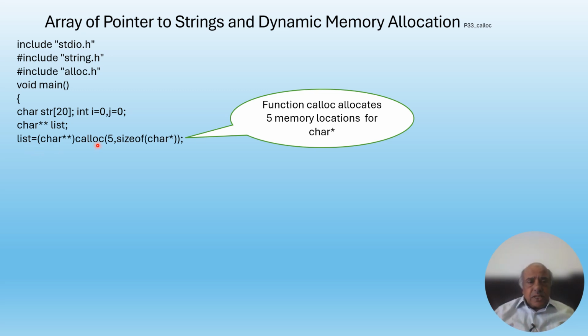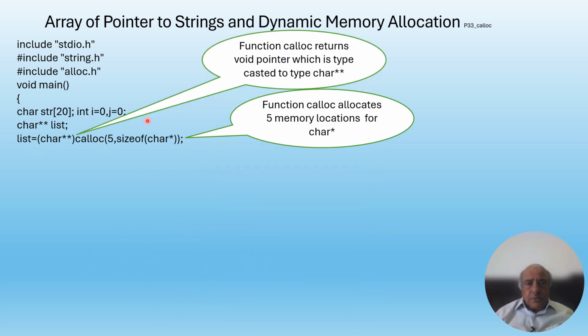This calloc function returns a void pointer after the memory has been allocated. It returns the address of the 0th element or 0th location of the memory allotted by it.